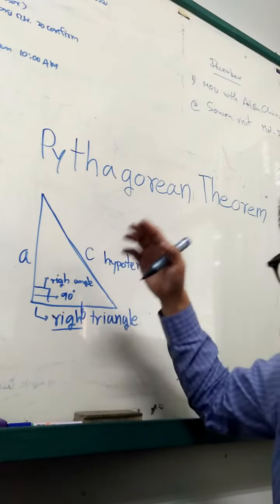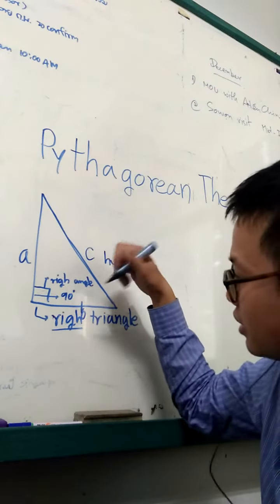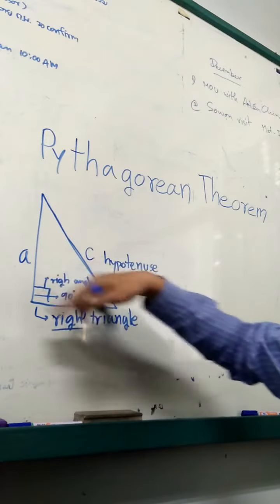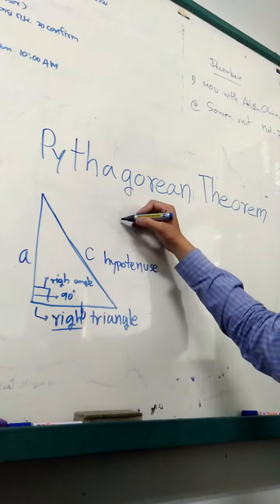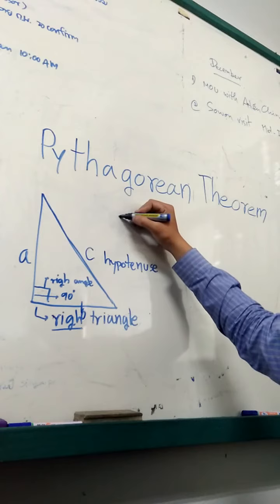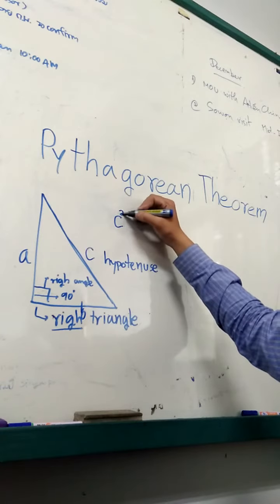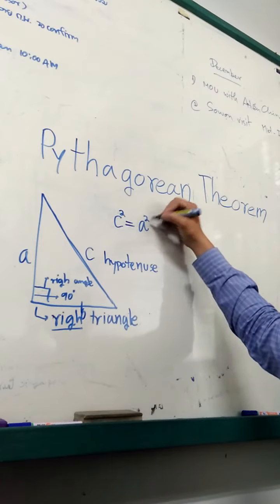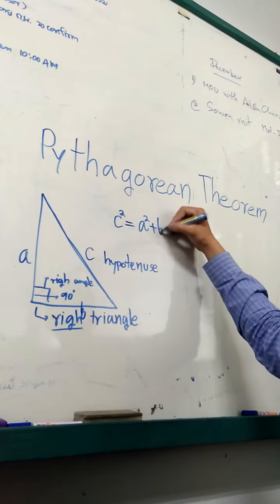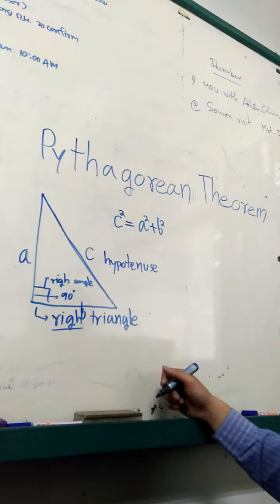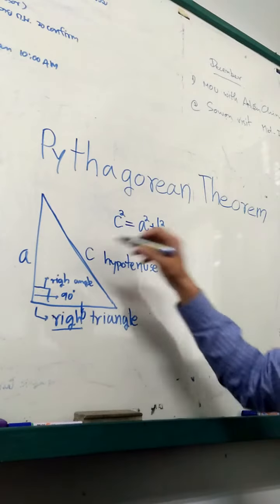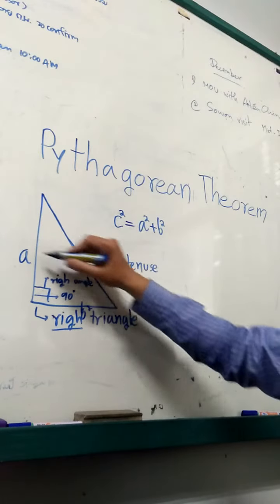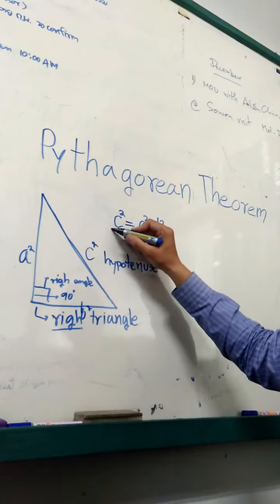And if we square all three lines, the equation we can create here is c square equal a square plus b square. So remember this.